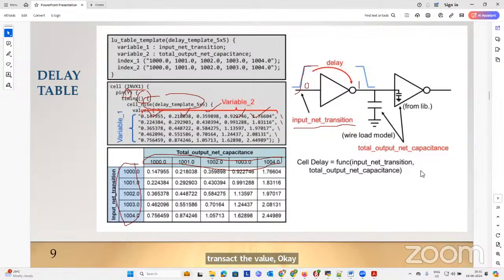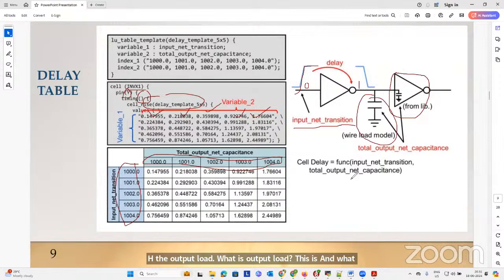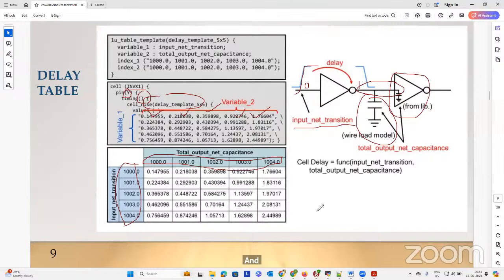And the output load, what is the output load? This is my output load. And what is the wire load model? This capacitance and this net length. All these are wire load models.